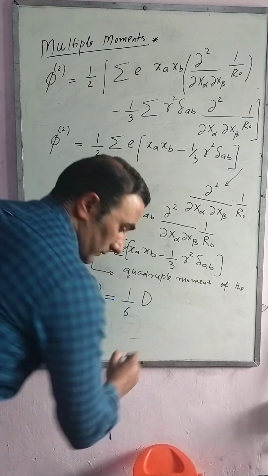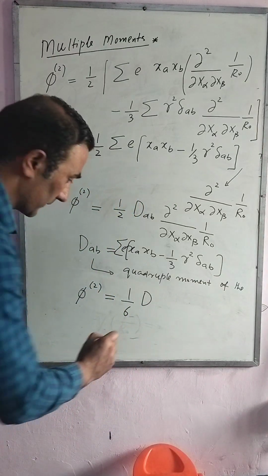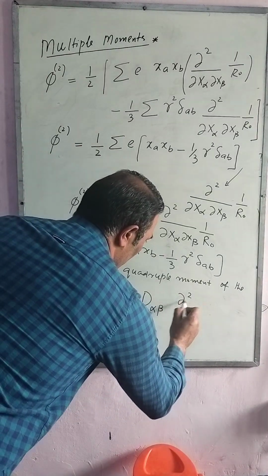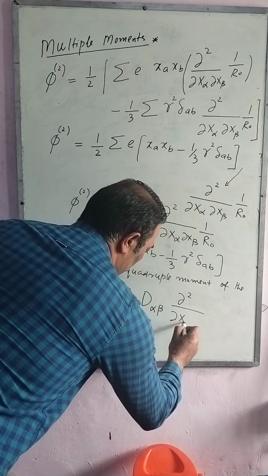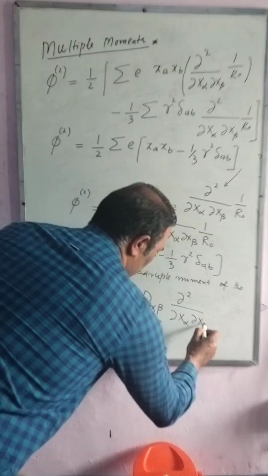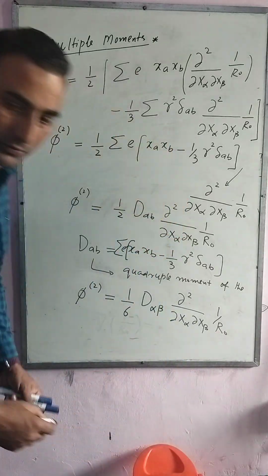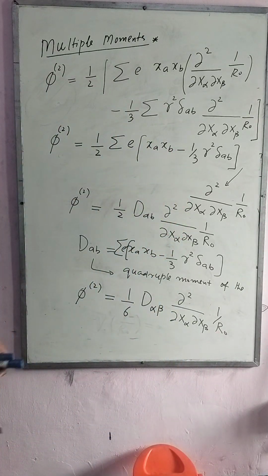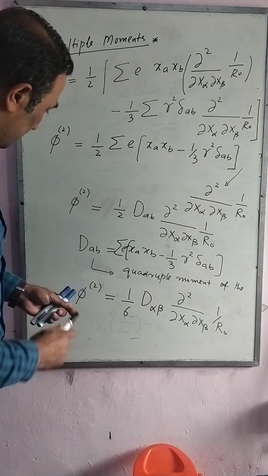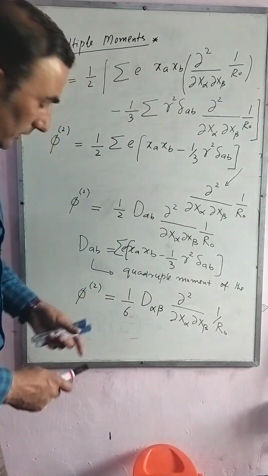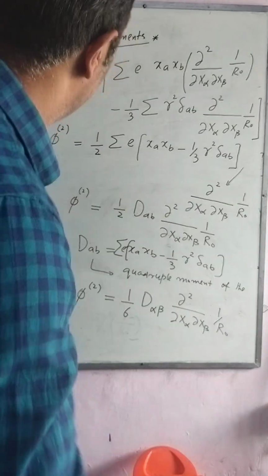D of AB, or you write alpha beta also, partial 2 by partial x alpha, x beta, alpha beta. Okay, because you have to write that. So this is 1 by 2. Okay, let me rewrite this term so it will be clear.